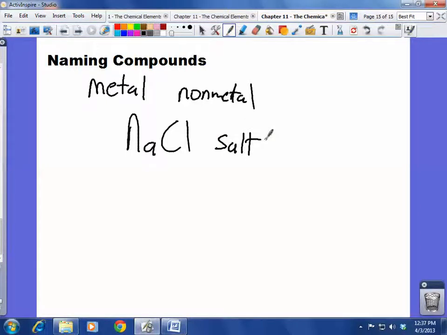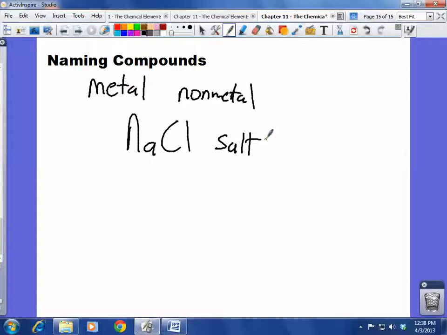Lots of things already have names. Like NaCl is salt, H2O is water. But really, every single molecule that exists, we can give a chemical name to.